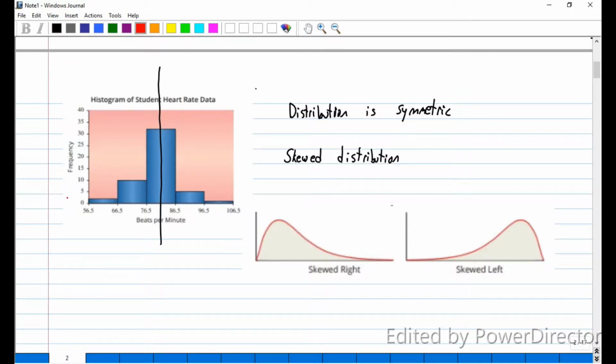But if you were to draw something like this that touched the tip of those, and then touch the tip of those, that would be symmetric, the way that it looks there, that I just drew with that red line. Then, if more data items are to the left, it would be skewed to the right. And if more data items are to the right, it's skewed to the left. Okay.